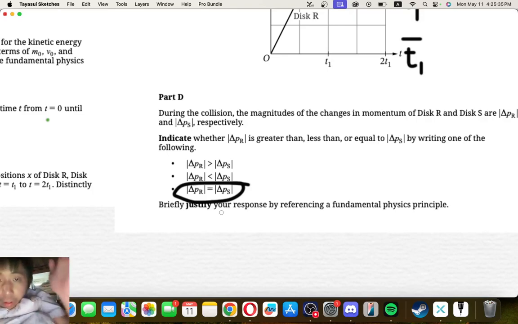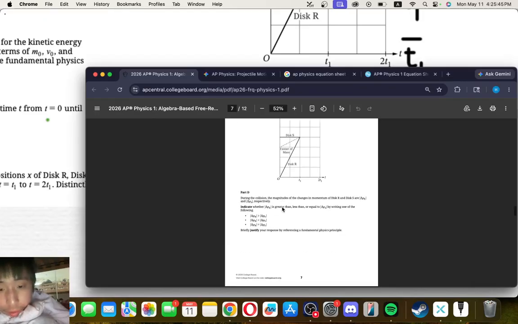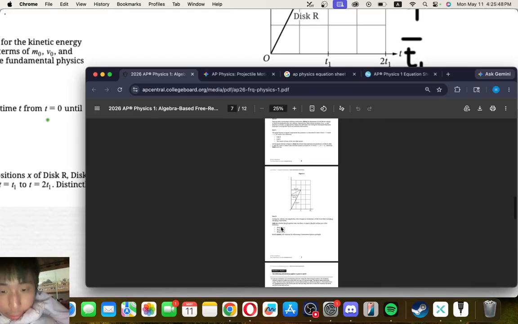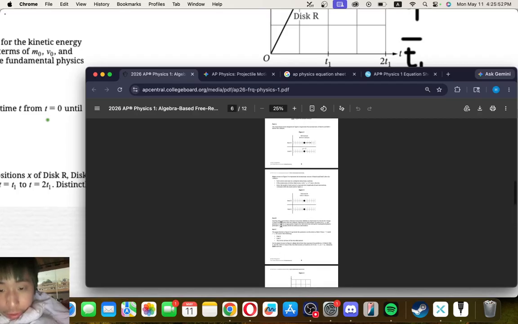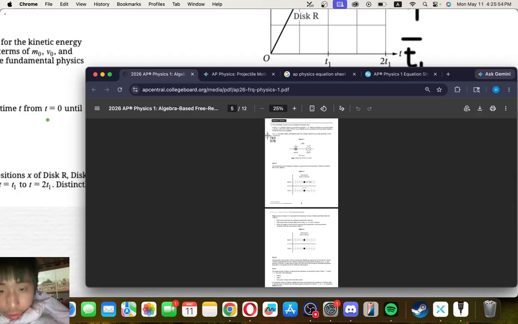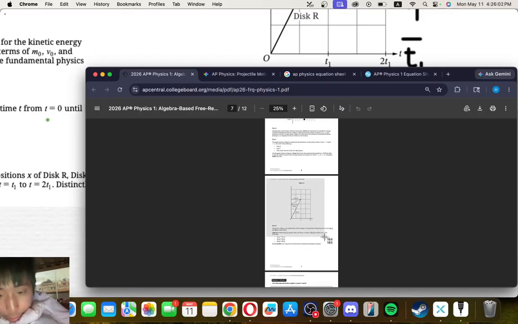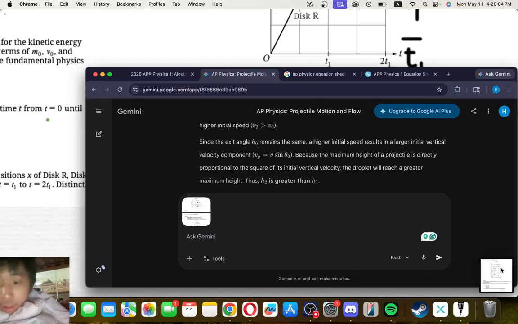That's because when they bump into each other, they should distribute the momentum equally. And that's why. Yeah, there you go. And that's going into Gemini. Why is this actually 3 pages? So, I'm lacking in explanation, but I just know the answer, bro.